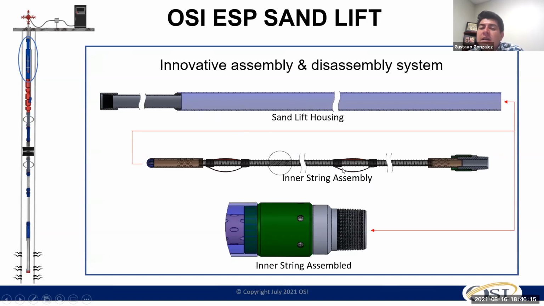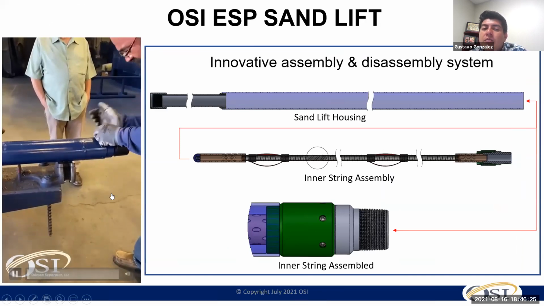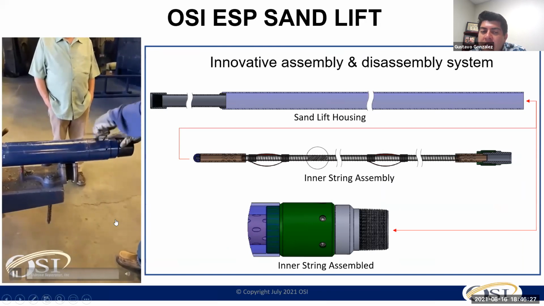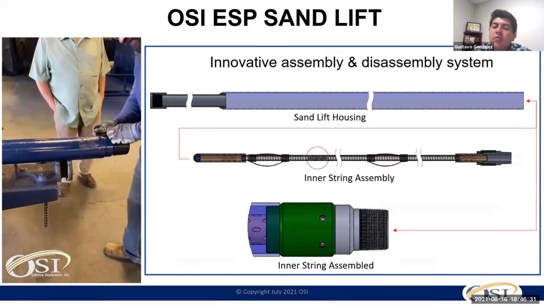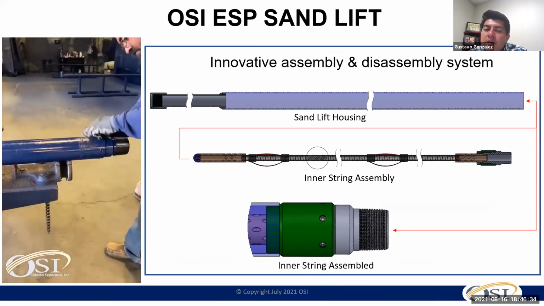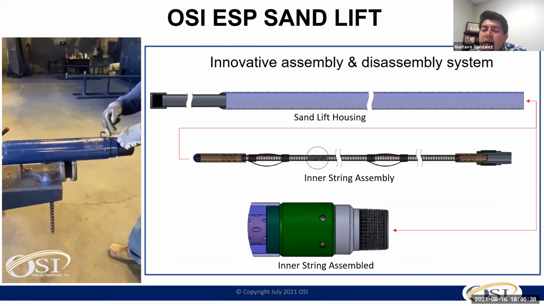But it's more, again, like we mentioned before, about how you're able to regulate the sand that is coming back. And you have the ability to open and disassemble the tool every single time you're facing any teardown or you're pulling the well. So you have the option to remove all the inner components, get samples, and flush everything.